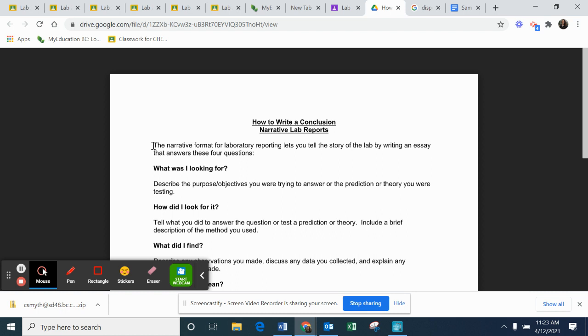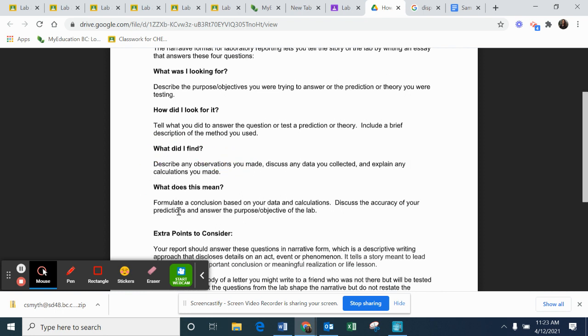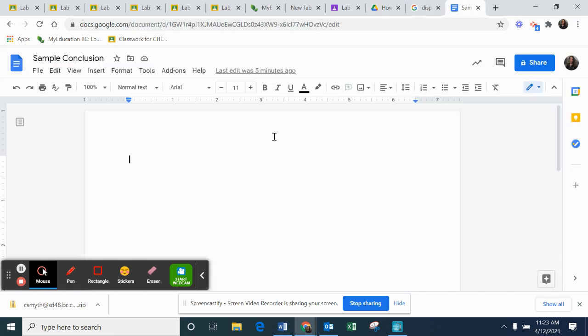It tells the story of what you found, and the biggest thing is what this means. So find a conclusion based on your data and observation, and actually say because and therefore. Interpret your data and turn it into what we were looking for.